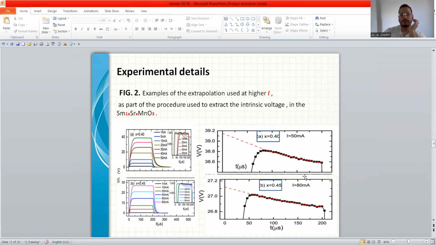Let me explain the extrapolation from back to the start point, from x equal 4 and x equal 0.45 back to the start point. But here, like we know, it's not the start point.